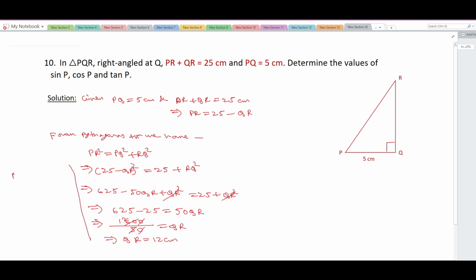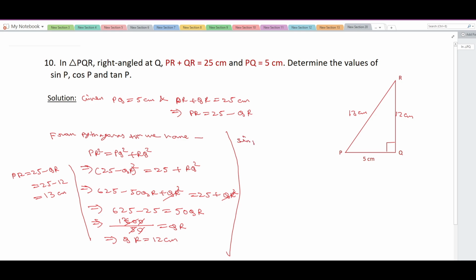So PR equals 25 minus QR, 25 minus 12, 13 centimeter. So QR equals 12 centimeter and PR equals 13 centimeter.